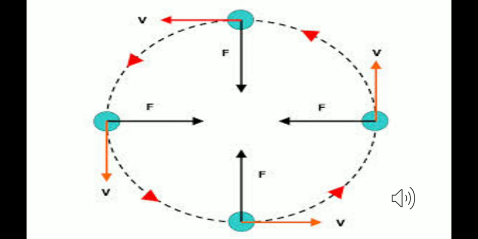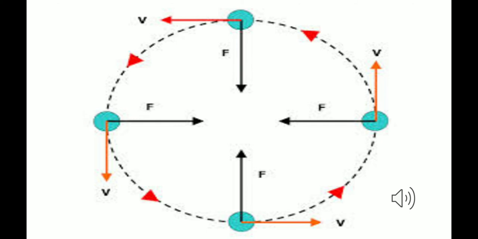Whereas if I talk about velocity, velocity is a vector quantity. Yes, the magnitude of velocity is the same, but the direction is changing continuously at every point. Can you see? If you see in the circle, the body is changing direction at every point.